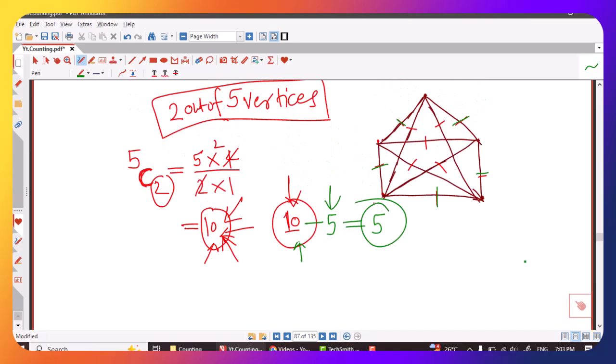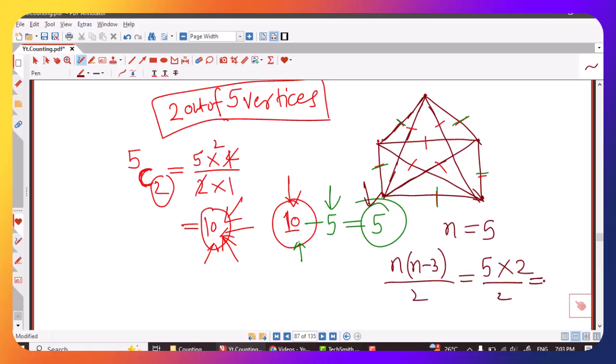Now we can use that formula here. Suppose we consider this pentagon, that is n equal to 5. The number of diagonals must be equal to 5. The formula is n into n minus 3 by 2. If I take n equal to 5, then n minus 3 is 5 minus 3, so this is equal to 5, and we have seen that there are 5 diagonals in a pentagon.